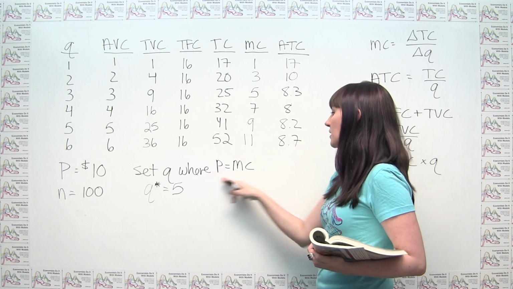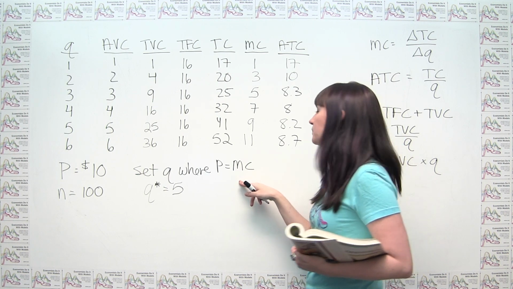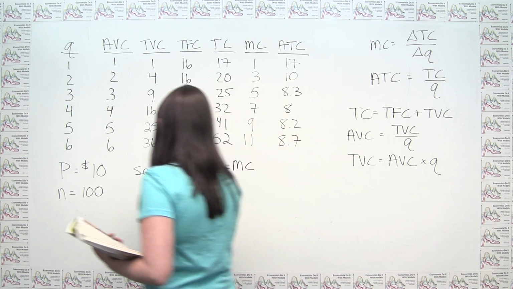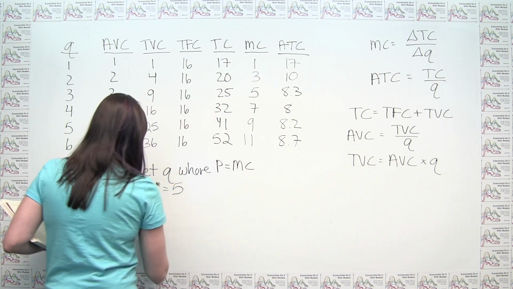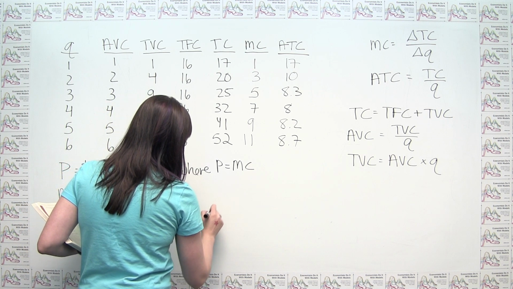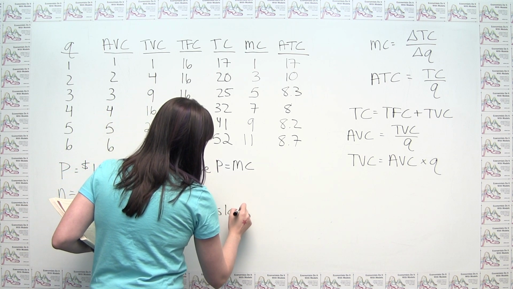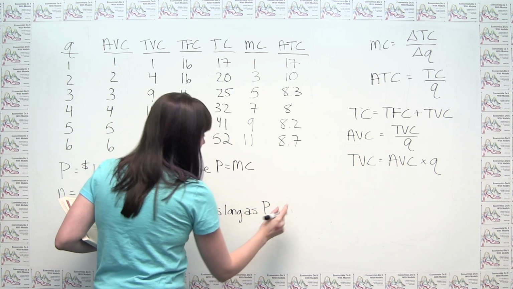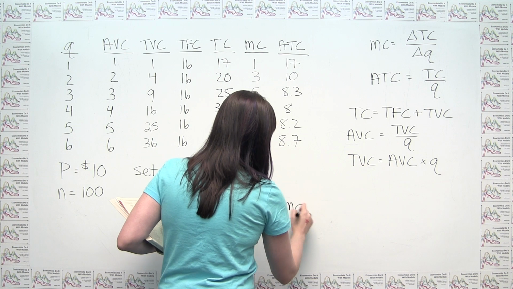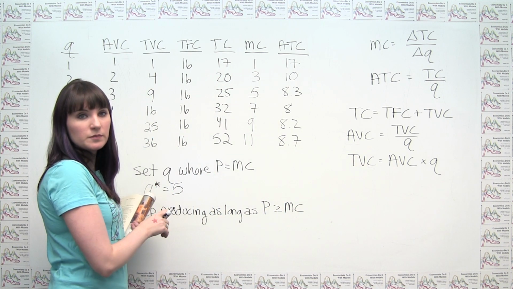Because it seems a little bit at odds with what we were told up front. But what you can say instead is keep producing as long as the price, or what you're taking in, is at least as big as marginal cost.